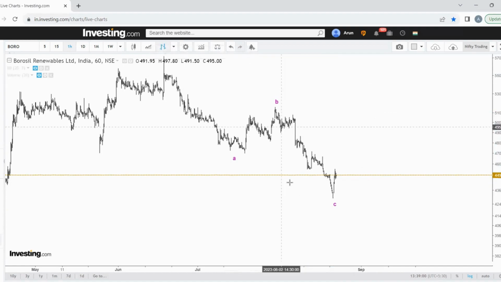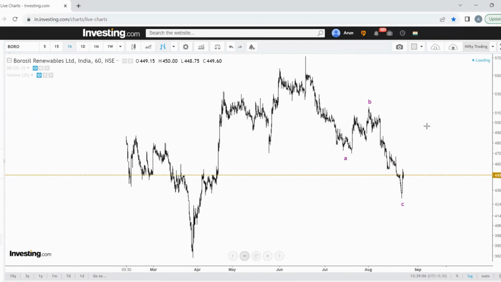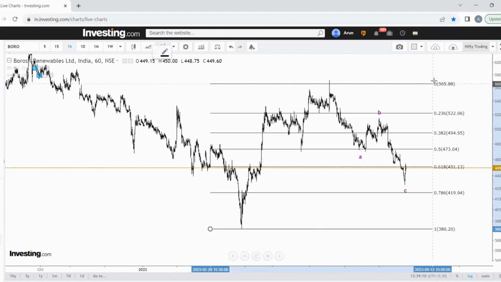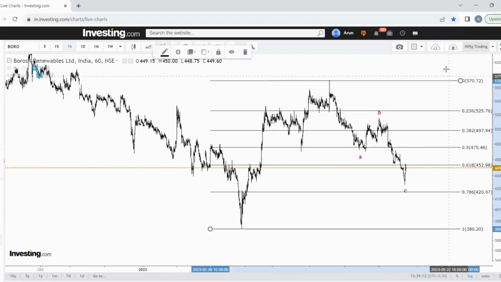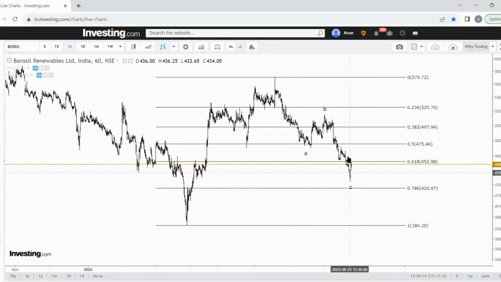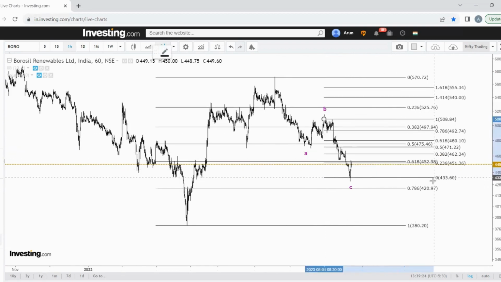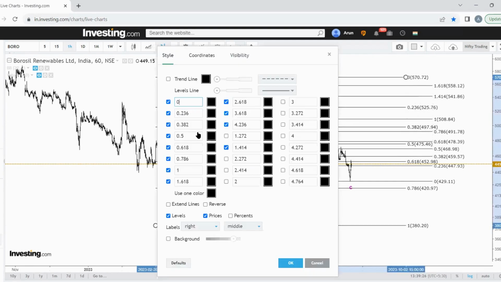So these are two options now. So one completed, or one more dip to reach the 78.6 and may move higher to this level. Okay. ABC 1, 2, 3, 4, 5. There's a possibility wave 4 can retrace. Wait, I will remove all those for clarity.